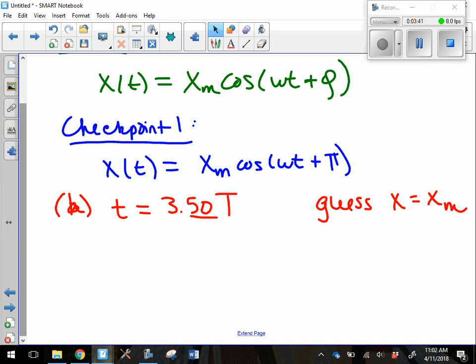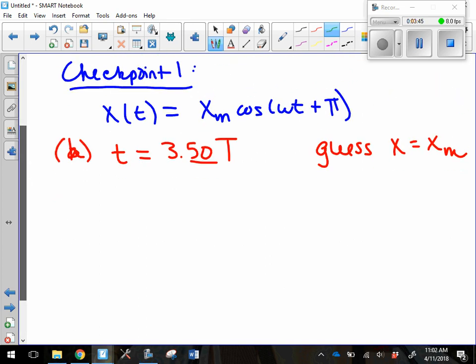Now, we had to make a little bit of a modification to this formula in that we wanted to express omega in terms of the period, or in terms of capital T. So what's that relationship between omega and the period?